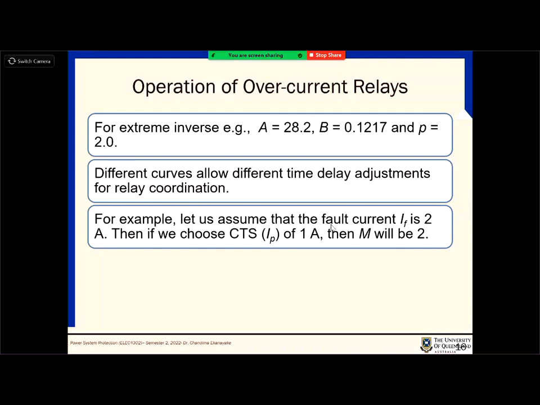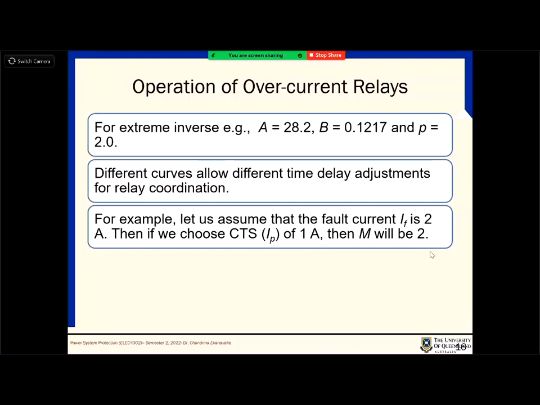Say we do a small example calculation here. Assume that the fault current is 2 amps, and you choose the pickup current as 1 amp. Therefore, the fault current divided by the pickup current, which is M, is equal to 2.